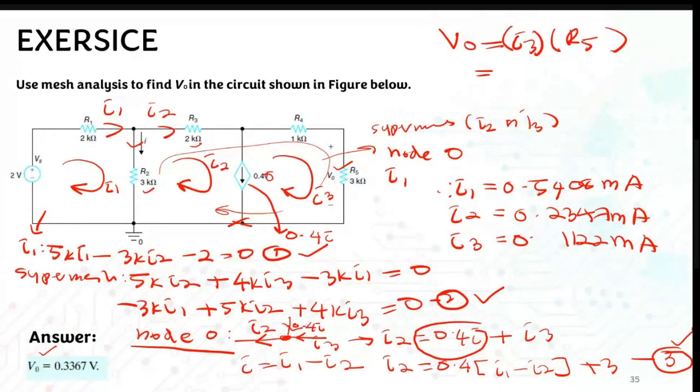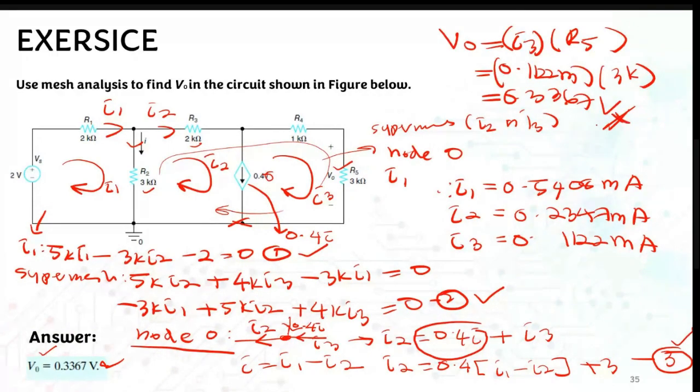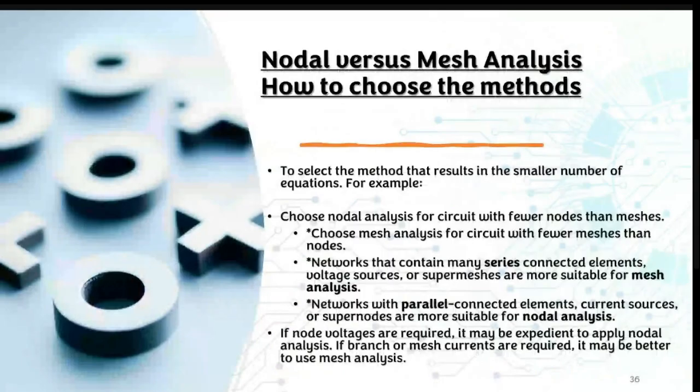Now you already have your I3, which is 0.1122 milliampere, times your R5, which is 3k. When you calculate, you can find that your V naught is 0.3367 volts.